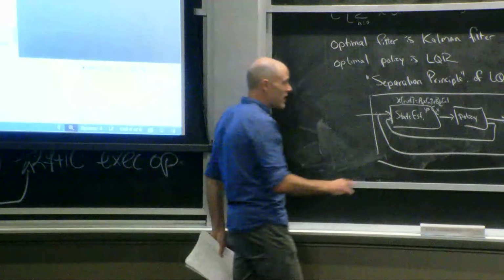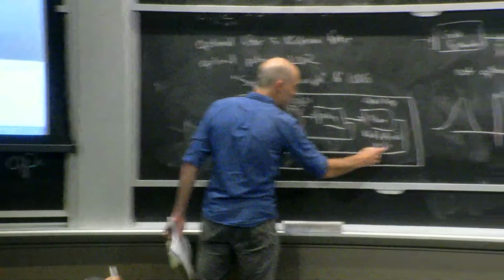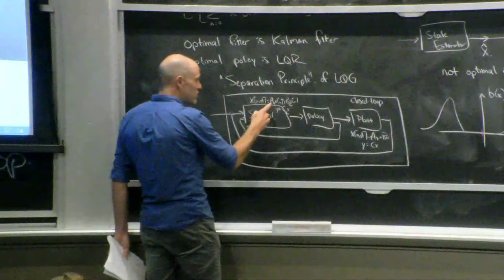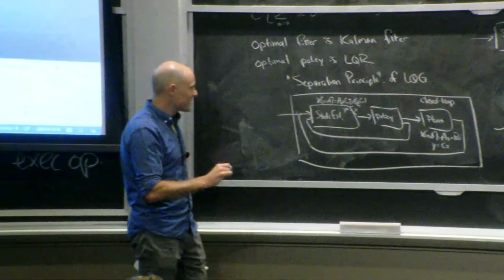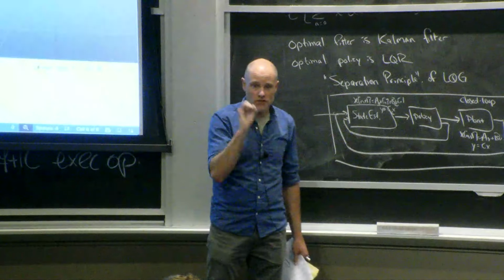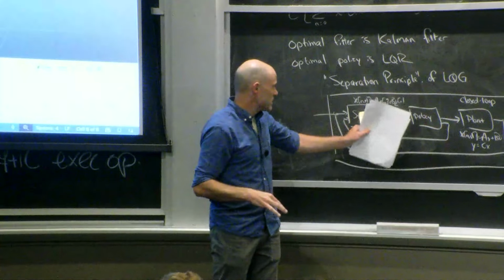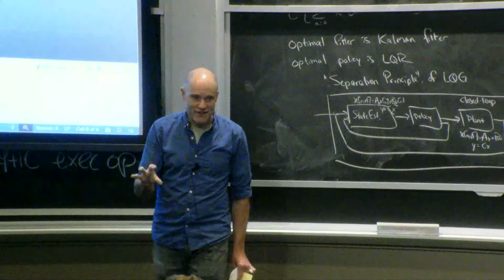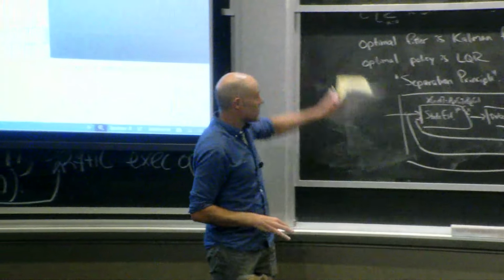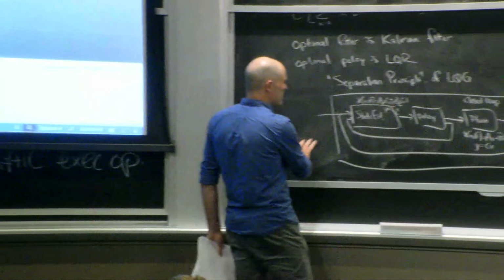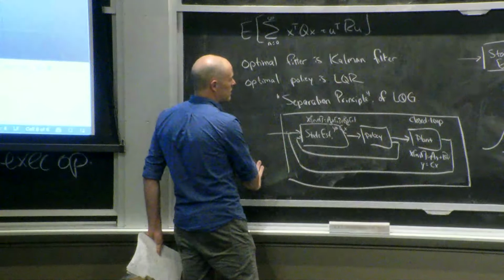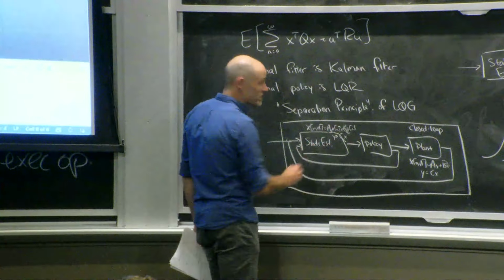If I have A, B, and C, and I want to search for A_c, B_c, and C_c, can I write an optimization problem that searches over A_c, B_c, and C_c that will solve a least squares problem? It's very surprising, until you look into the details, that this problem has a nice solution.